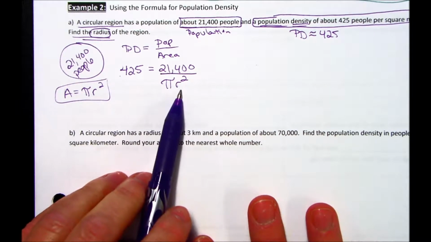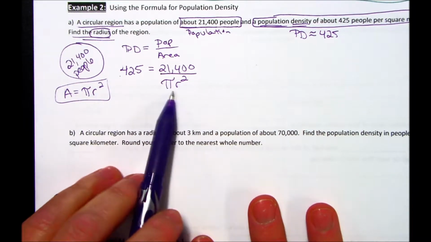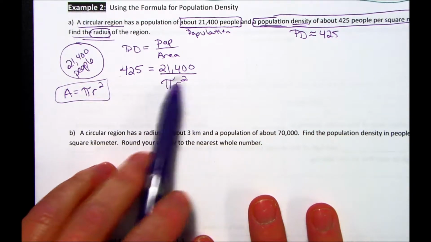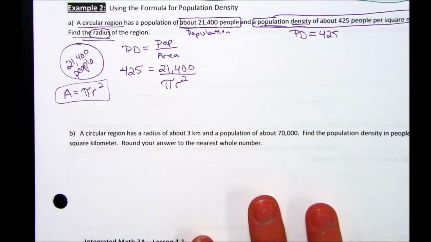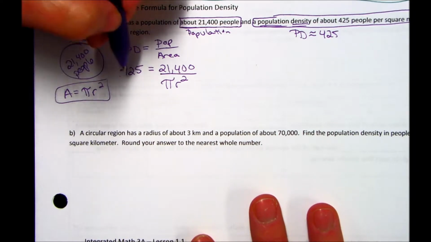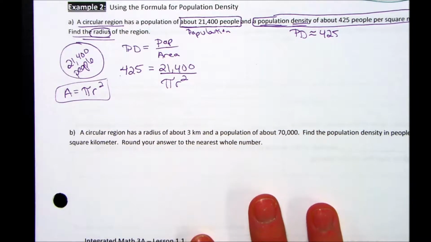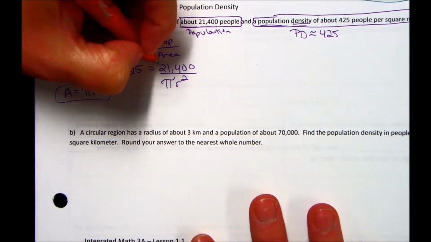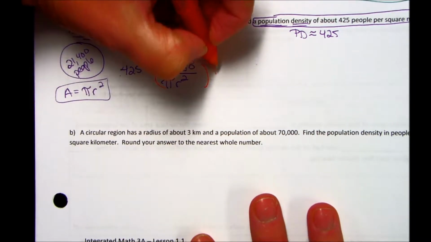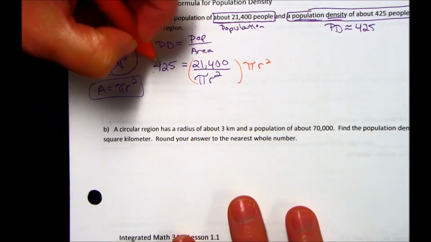Well, r is in the denominator right now. So sometimes when you're trying to solve for variables that are in the denominator, it may be easiest to multiply both sides of the equation by that denominator to get it out of the denominator.